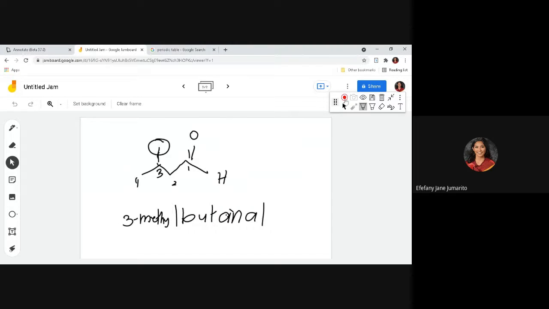Now class, if I have here, cancel. If I have a double bond here, how would you name this one, class? Asa na to mag-priority, class? So, asa ta mag-una, class?